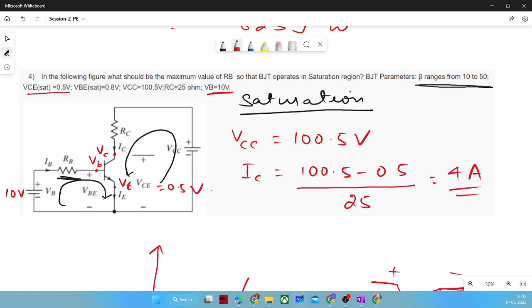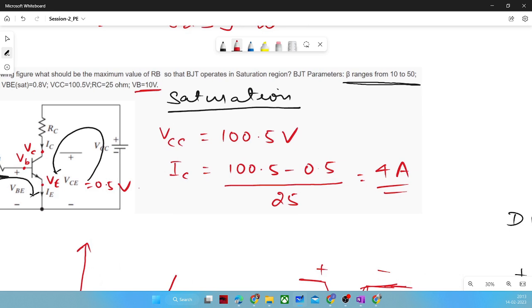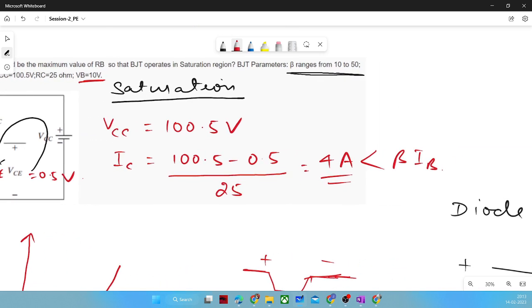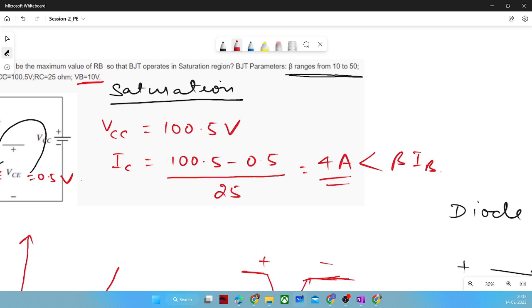Okay, and to operate it as a switch, it must be less than beta IB. Okay, and the range of beta is given, from 10 to 50.